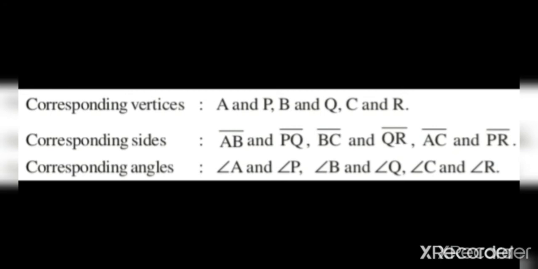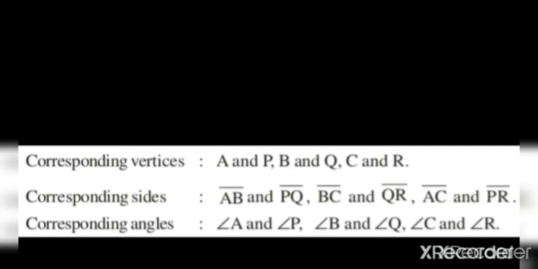So we can say that in triangles ABC and PQR, corresponding vertices are A and P, B and Q, and C and R.